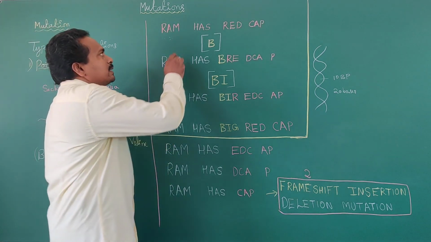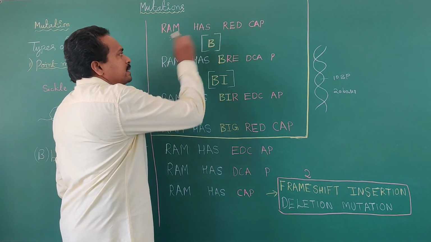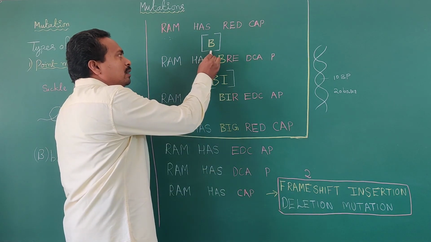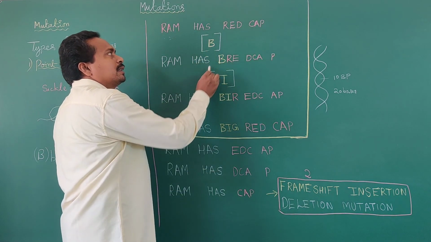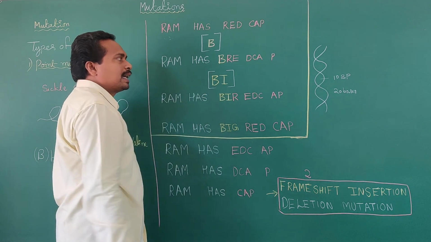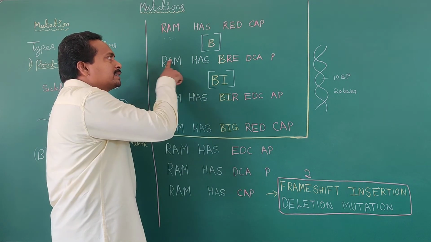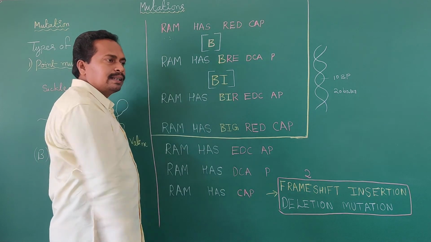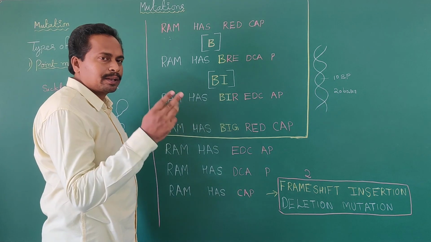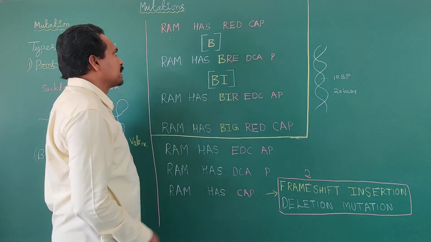Okay. So what is this sentence? Ram has red cap. If we insert the alphabet B in between has and red, now rearrange the statement like a genetic code. As per the genetic code, each codon consists of 3 alphabets.